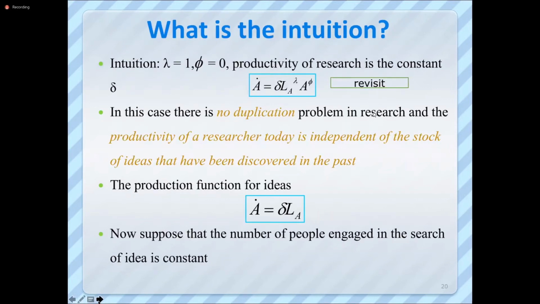Okay, what is the intuition? Here, we are going to look at two aspects. One, if lambda is equal to 1 and P equals 0. Lambda equals 1 means no duplication. P equals 0 means the productivity of a researcher today is independent of the stock of ideas that have been discovered in the past.